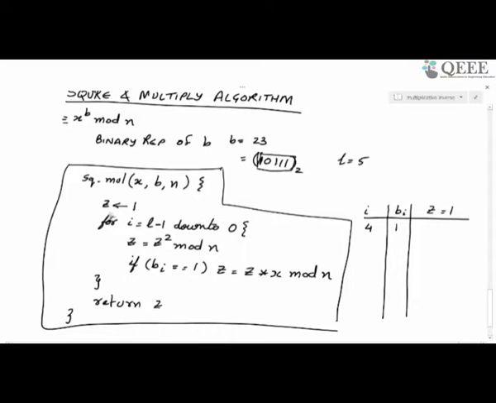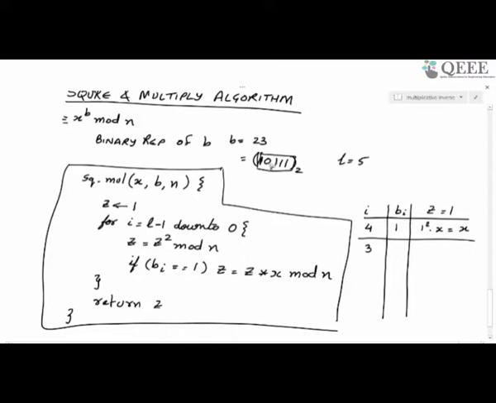So what happens in the first iteration is that you enter over here, you take the value of z, which is 1, square it, and then since the value of bi is equal to 1, you multiply by x, so this becomes 1 squared into x, that is x.